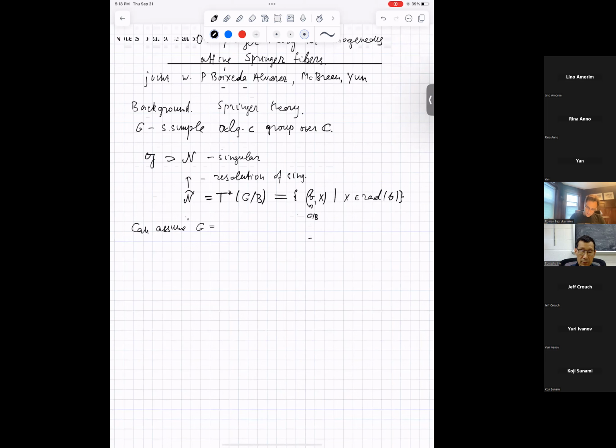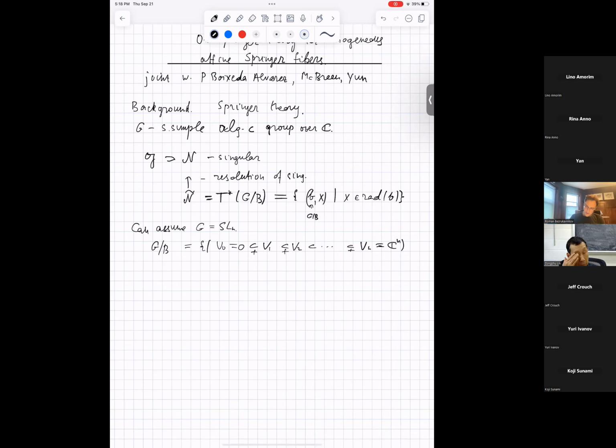And then G mod B is, of course, the set of flags. Usually they write it this way: V_1 and V_2, so these are linear subspaces, up to V_n, which is like, say, C to the n.